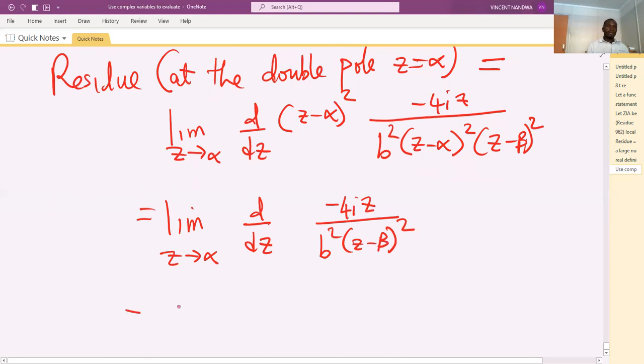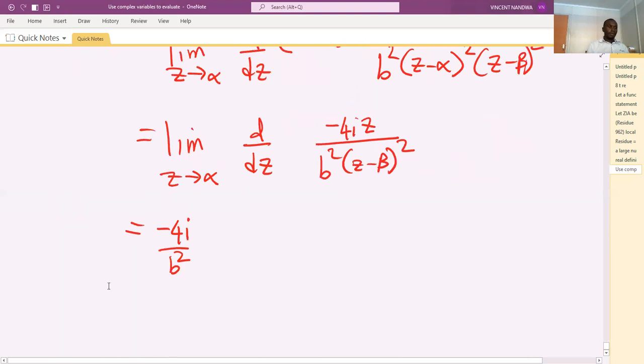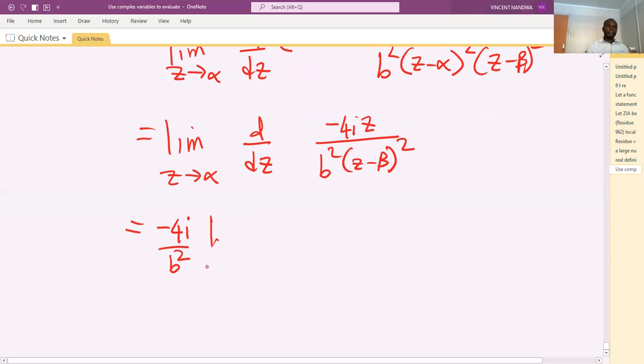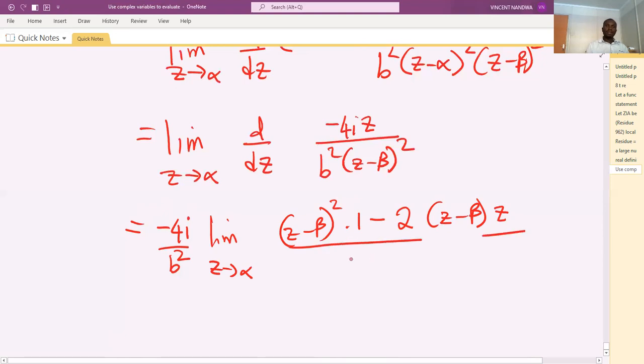which is the same as minus 4i over b squared, limit as z approaches alpha of z minus beta squared times 1 minus 2 into z minus beta times z, we divide this one by z minus beta to the power 4. We are simply using the quotient rule to carry out this differentiation.